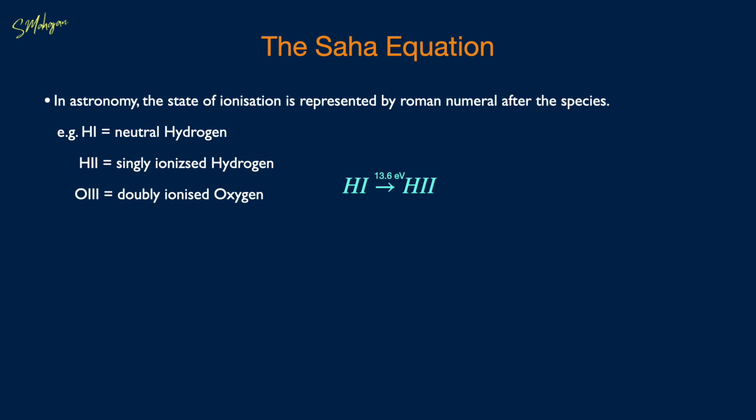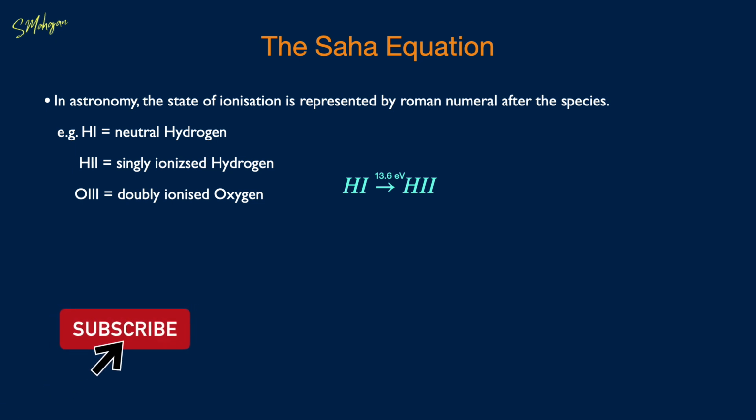In astronomy, the state of ionization is represented by Roman numerals after the species. For instance, H I implies neutral hydrogen while H II is singly ionized hydrogen. For hydrogen, 13.6 electron volts is required to turn H I to H II, so that is called its ionization energy.